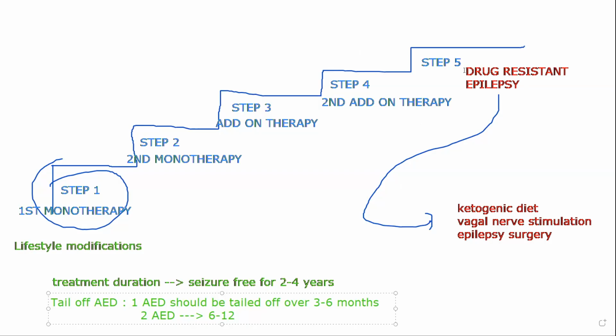The other thing is drug-resistant epilepsy. When you get a patient with drug-resistant epilepsy, you need to think of whether this is truly resistance or whether this is sort of pseudo resistance. Pseudo resistance is basically something like a wrong diagnosis.